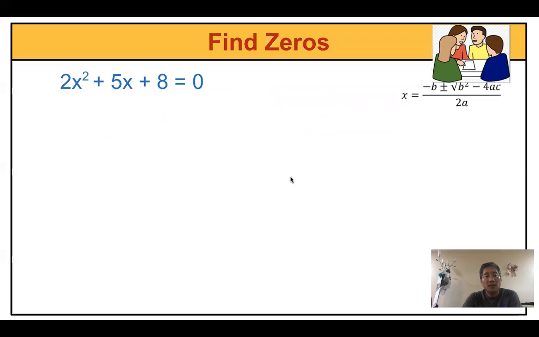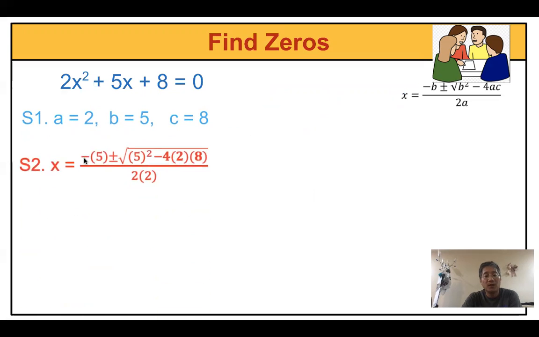A is what? A is 2, b is 5, c is 8, right? And then you just plug into the formula like this. Negative 5 plus or minus the square root of 5 squared minus 4 times 2 times 8, over 2 times a, which is 2. And then simplify: 5 squared minus 4 times 2 times 8 is negative 39.